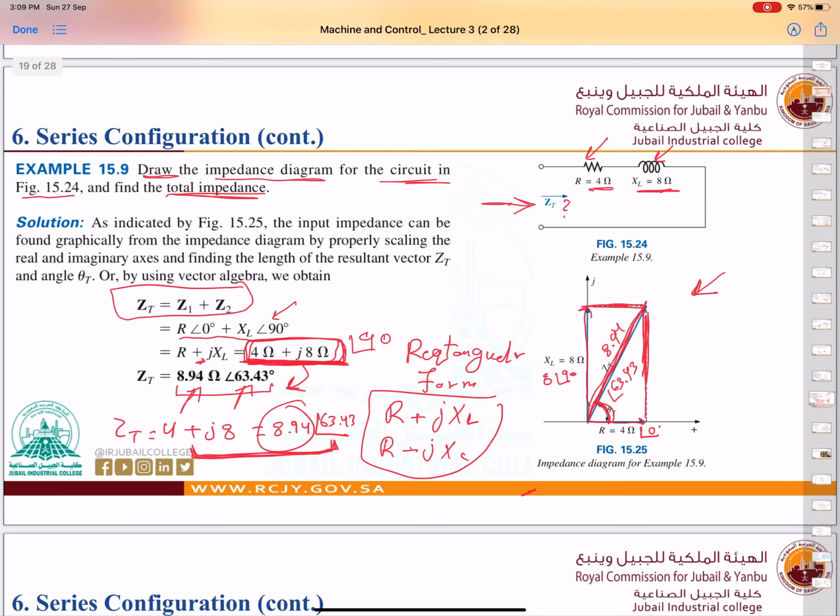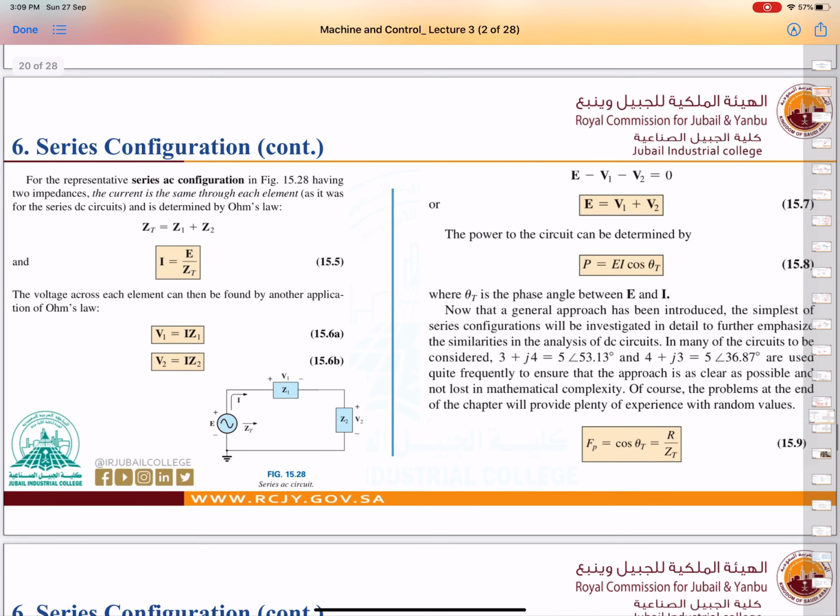Now we'll go to the other. We will see some rules for the series configuration. We know that Z total for the series circuit is Z1 plus Z2, and this is for Ohm's law. And we will find that by finding the voltage across each element.